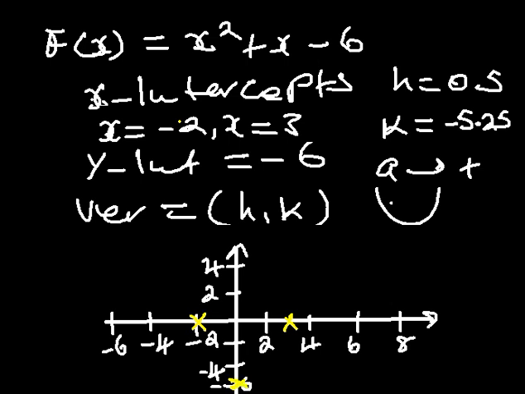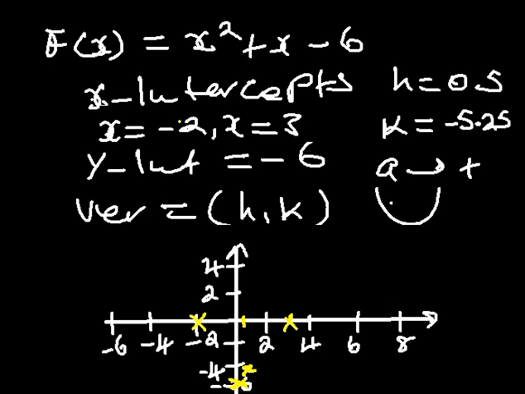Then we need the turning point, which is 0.5, -5.25. 0.5 is somewhere here, and -5.25 can be somewhere here. So this is the turning point.